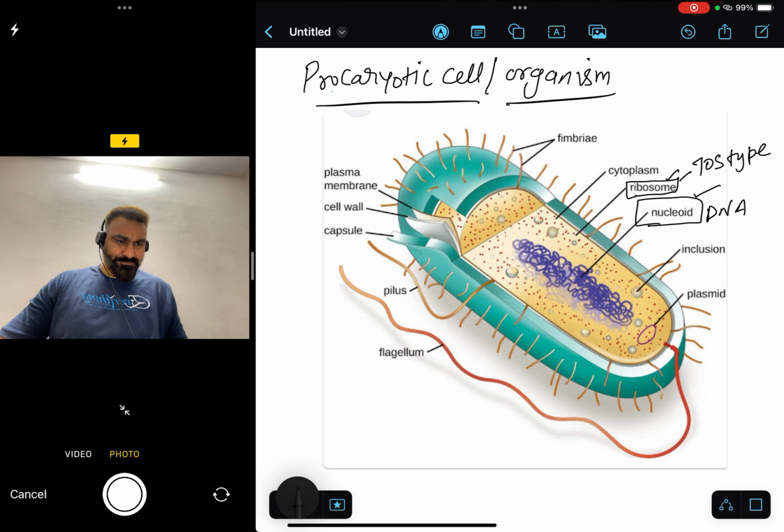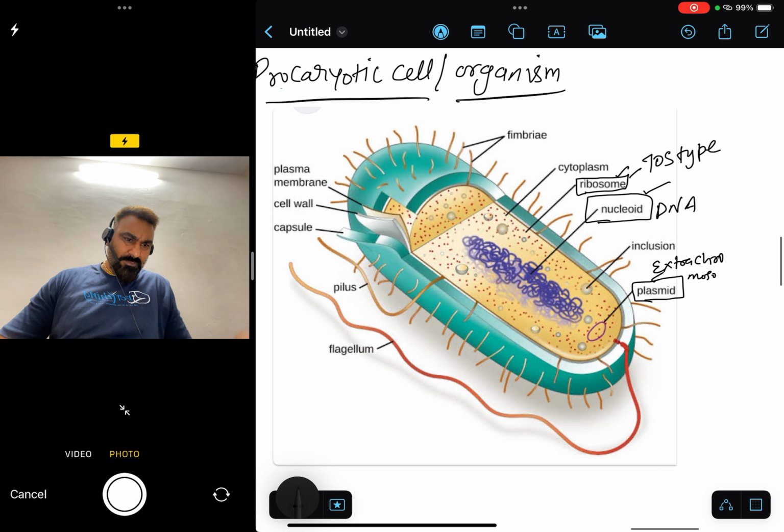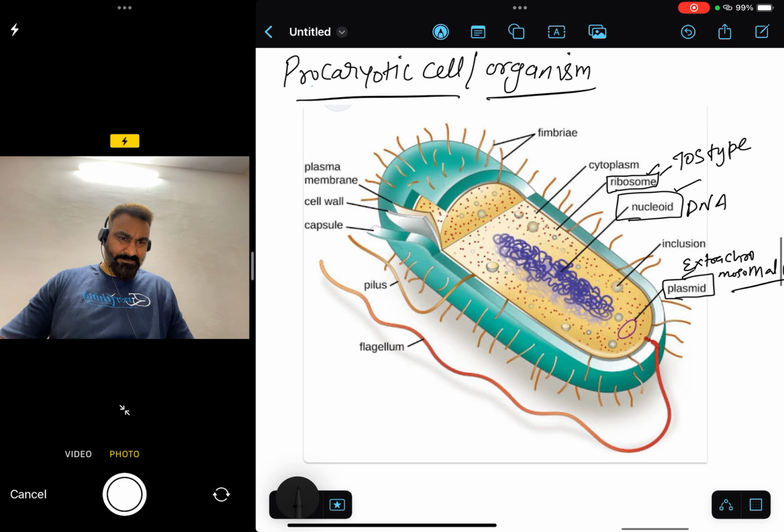And again, we see a small circular DNA nearby this DNA, which is known as plasmid or extra chromosomal DNA. We will discuss one by one later.